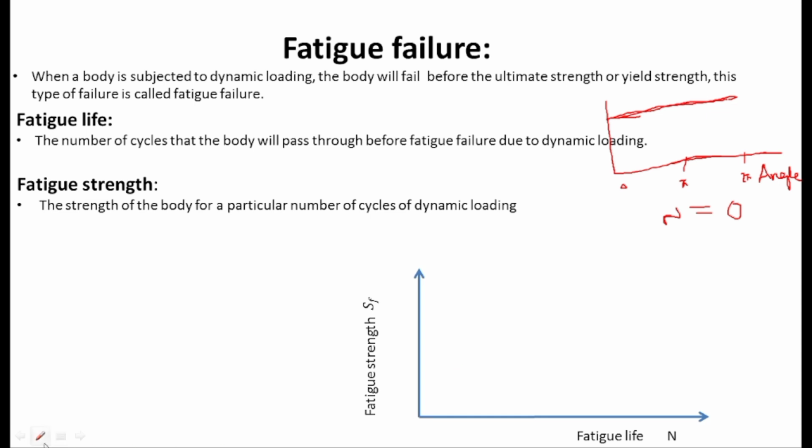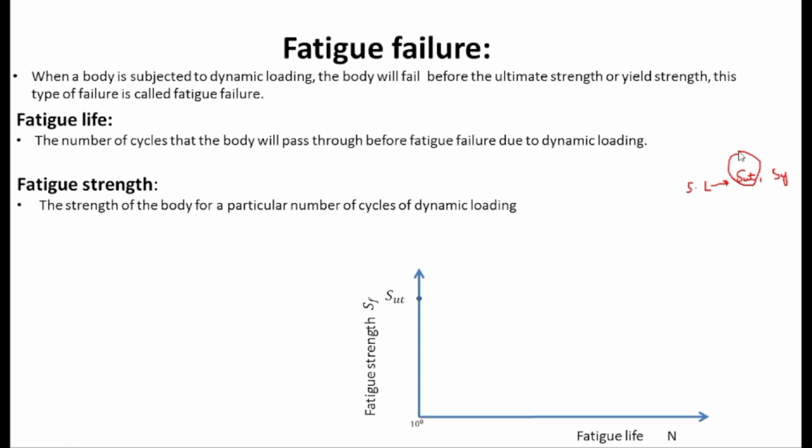So when there are 0 cycles, the body is subjected to static load, and for the static load, the strength will either be SUT, ultimate tensile strength, or SY. Now let's assume that the strength of the body is SUT. So for 10 raised to the power 0 cycles, the strength will be SUT.